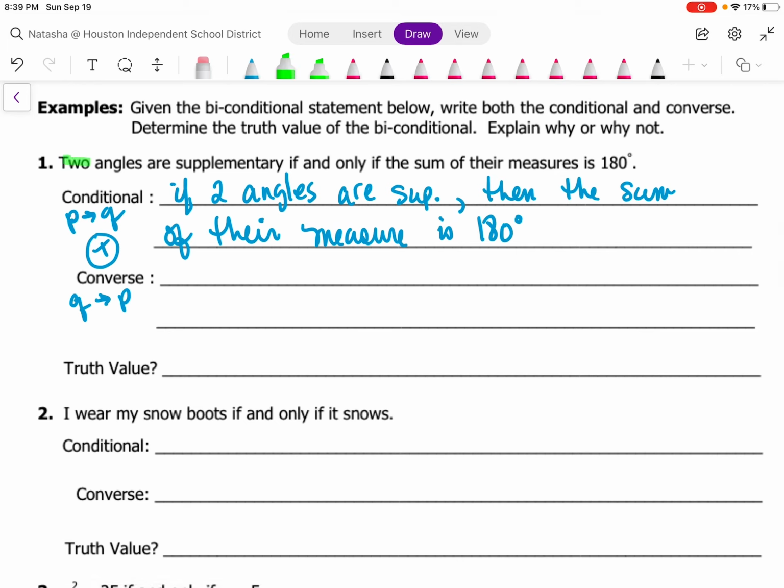If two angles are supplementary, then the sum of their measures is 180. Okay, that's written. That's our conditional statement.